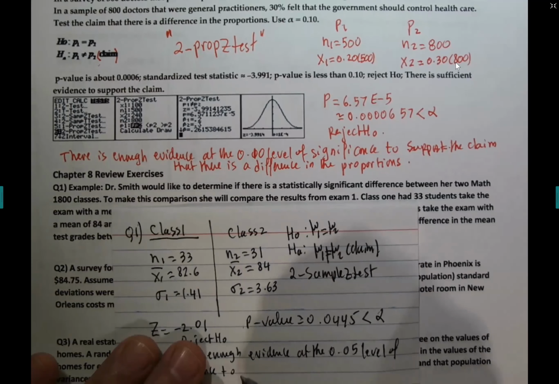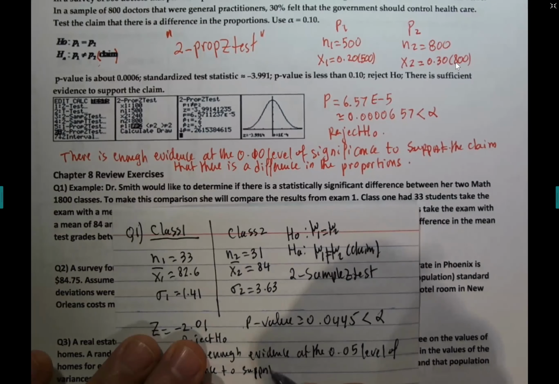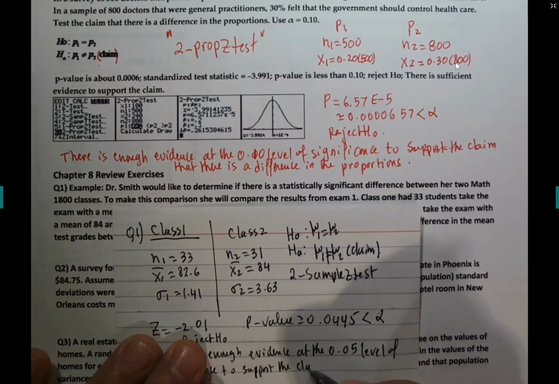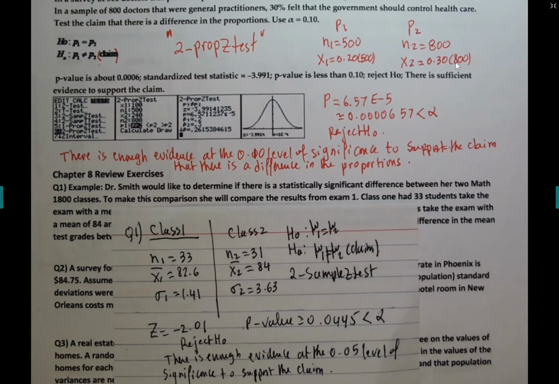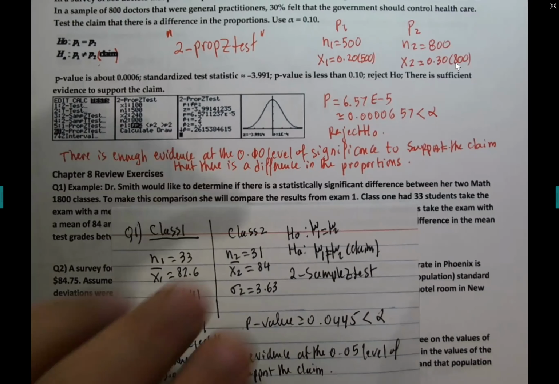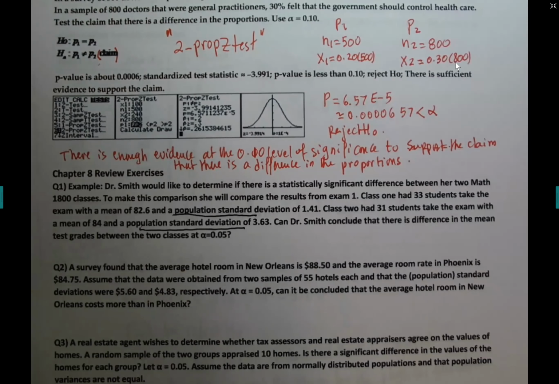Yep. To support the claim made by the teacher. And that concludes the question. So we have enough evidence to support the claim by the teacher, Dr. Smith. There is a statistically significant difference between the two math scores. You can say that. Okay, so that's number 1.